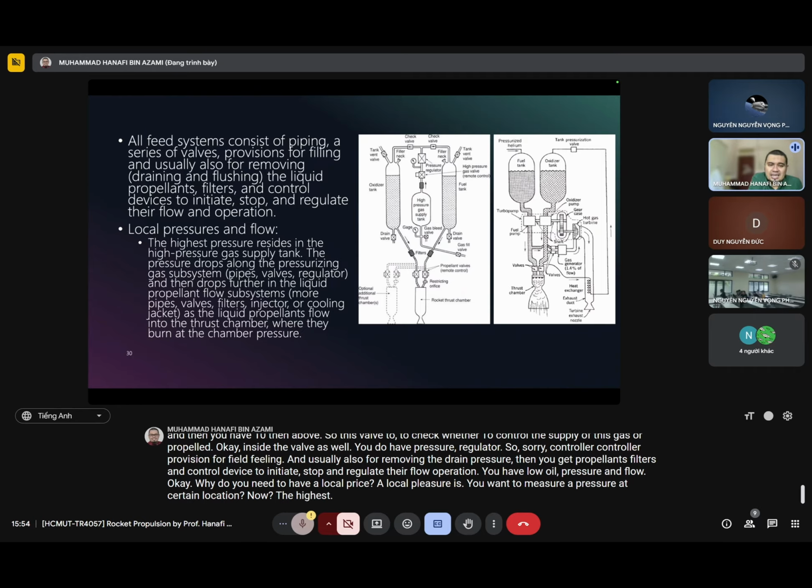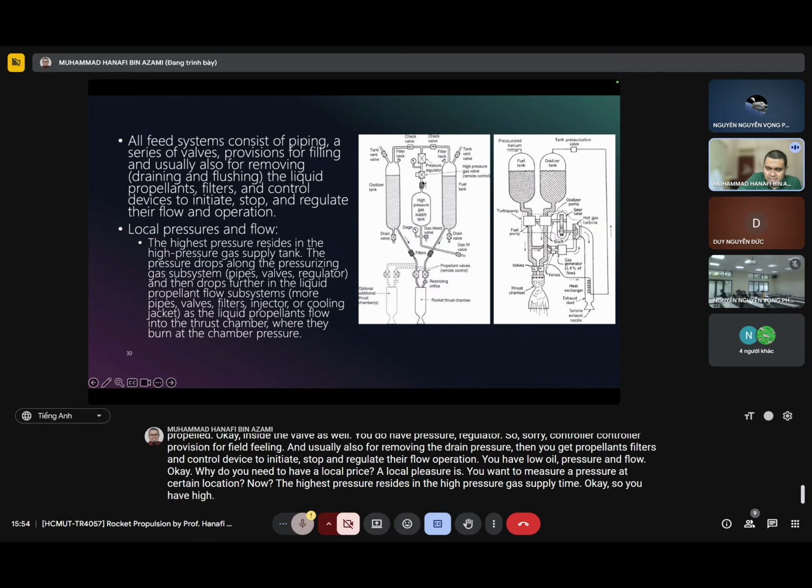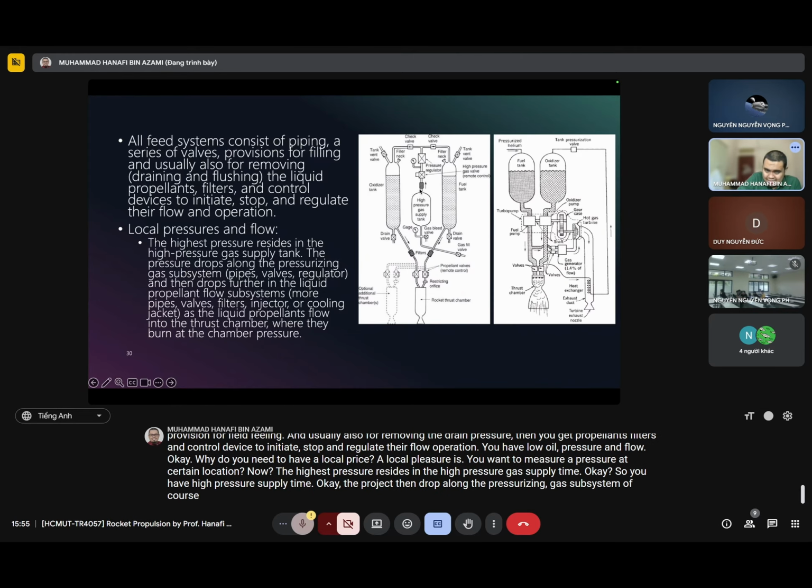The highest pressure resides in the high pressure gas supply tank. The pressure then drops along the pressurizing gas subsystem, of course inside the valve and inside the pipe, like what I said.